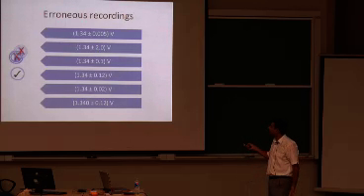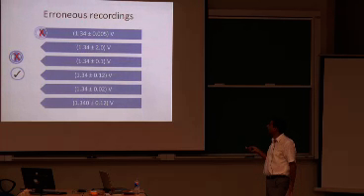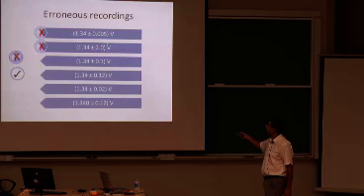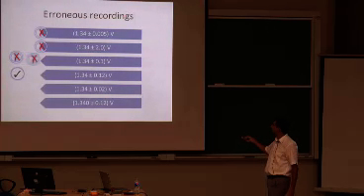So this is incorrect. What about the next one? Incorrect. Because the least significant digit of the uncertainty is bigger than the least significant digit of the best estimate. What about this one? Incorrect. What about this one? Correct.